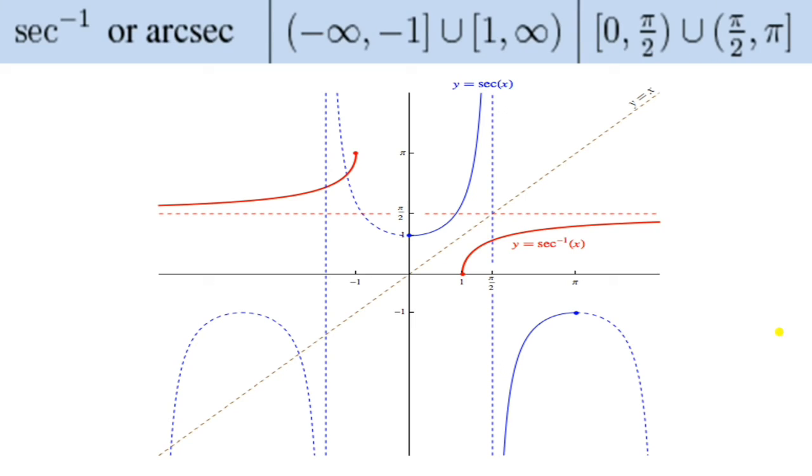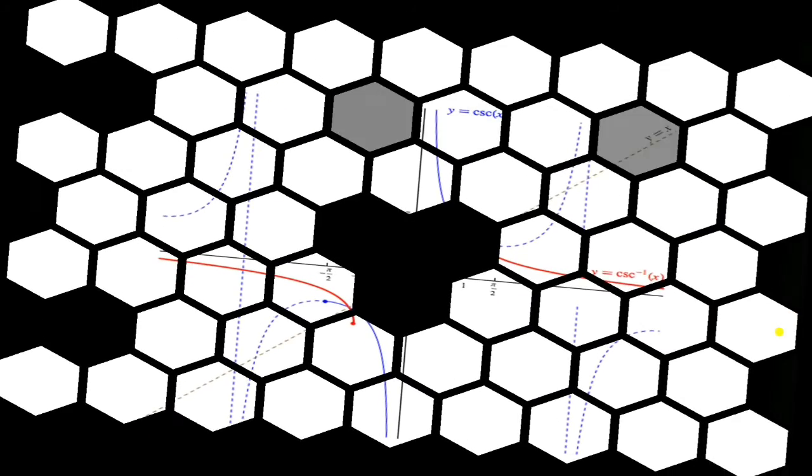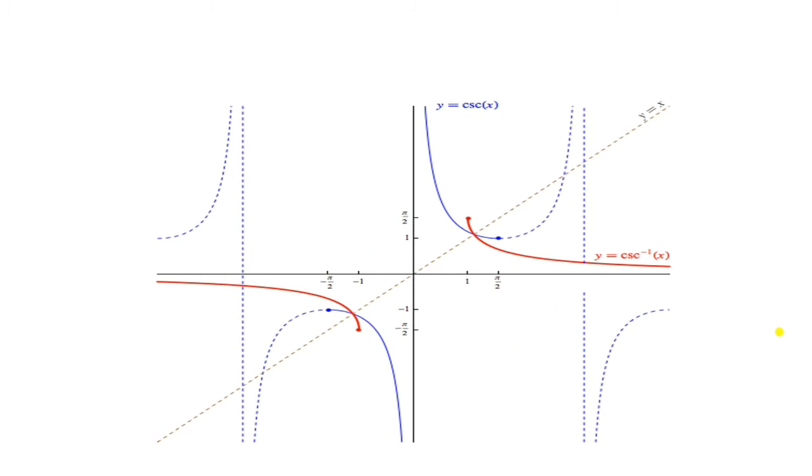Okay, now let's move on to the next one. The next one is our last one, which is cosec inverse x. To find the inverse of the cosec function, we consider the range from minus pi by 2 to pi by 2, because in this range the graph of y is equal to cosec x is invertible.